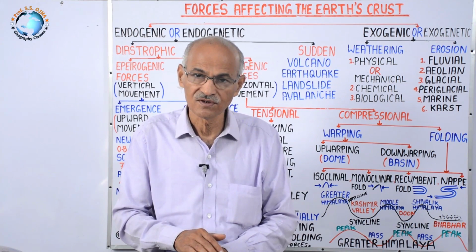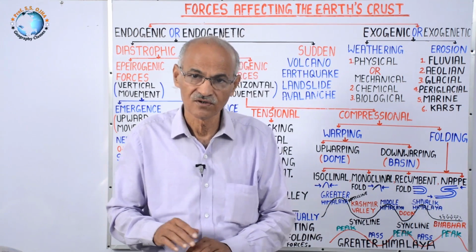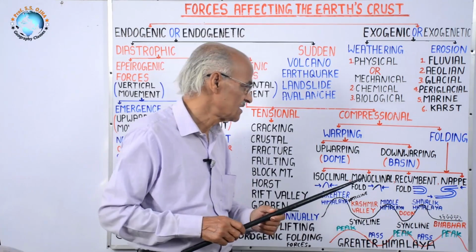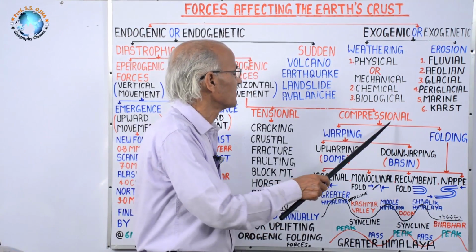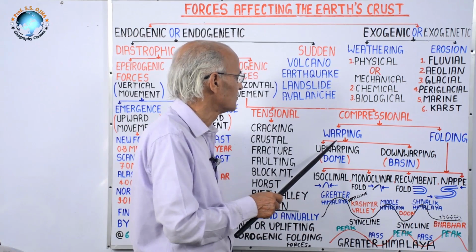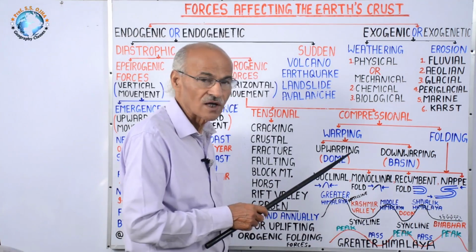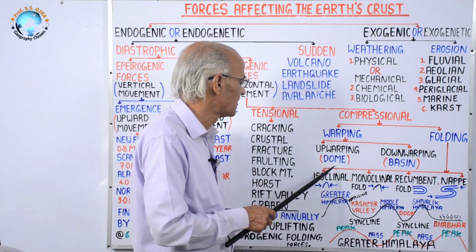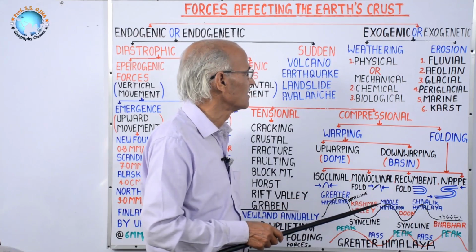Downwarping examples are also found in different plateau regions of the world. So, a basin is being developed. So, in compressional force, it is warping, and warping is of two types. This is upwarping, wherein a dome is formed, and the second is downwarping.